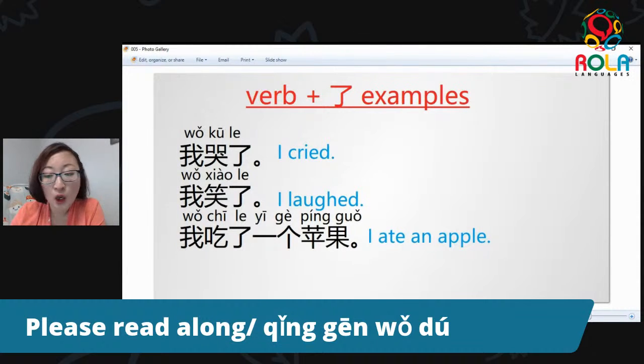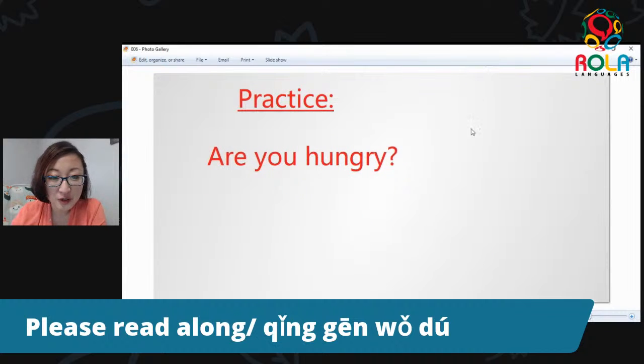And I hope that's enough examples for you guys. If not, we only have 10 minutes, so let's jump into some practices. And they will be easy. So first one, if we want to say, are you hungry? The Mandarin equivalent to are you hungry? How should we say that? We already know I am hungry is 我饿了. So how do we turn it into a question?